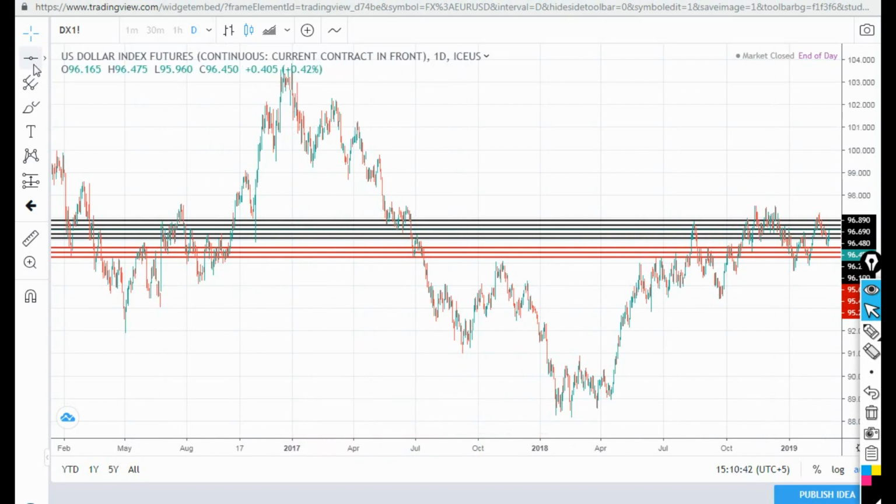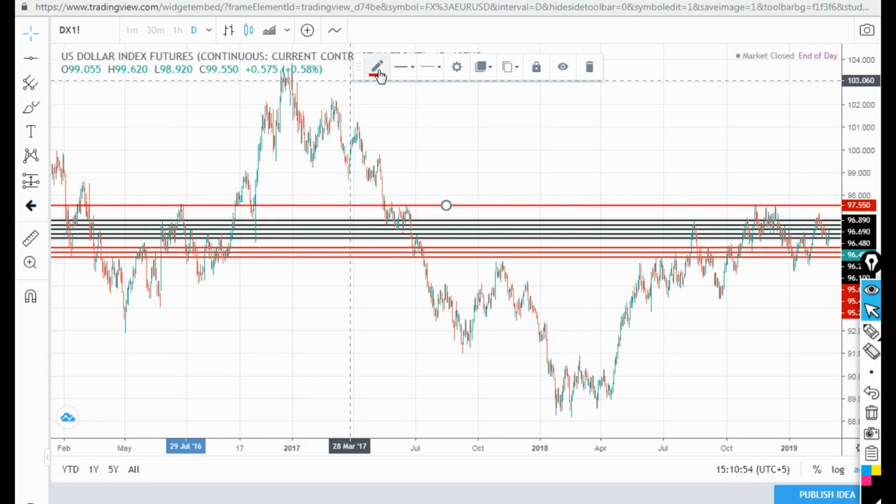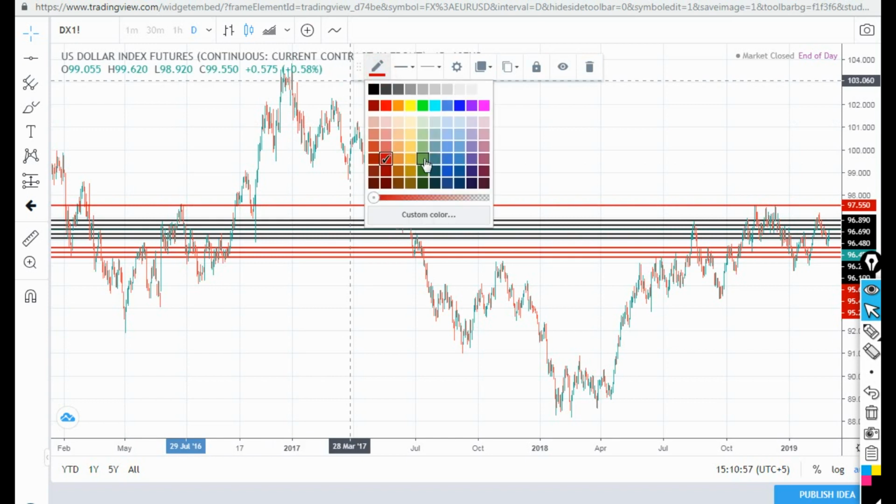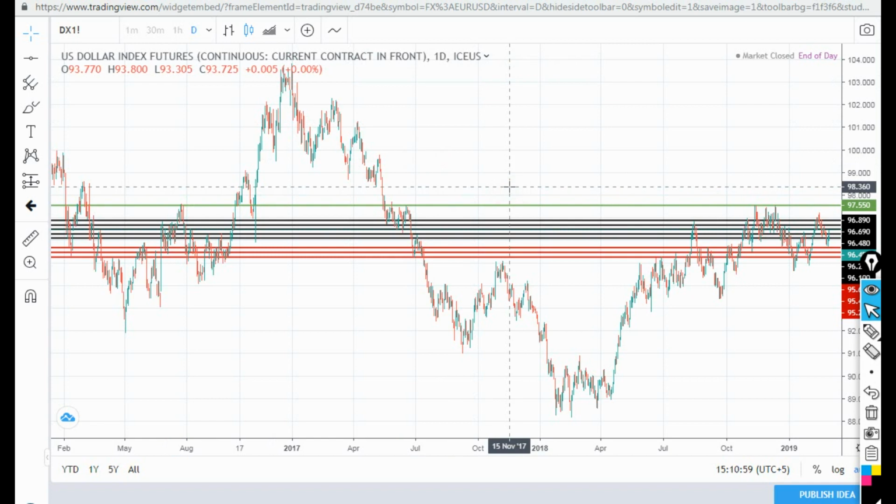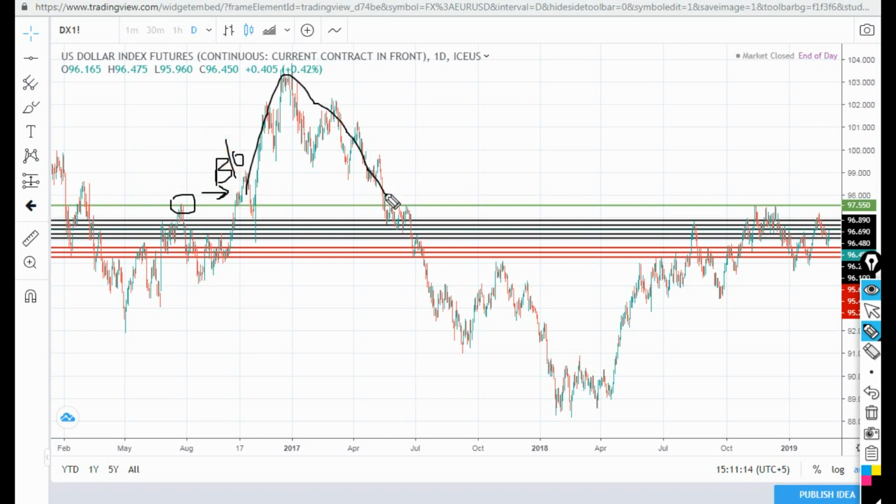Now we have a support here. I'm placing it over here, and we change this color into another color, like green. Why? Because if you see in the market, there is a reaction here, then the market gives you a breakout here, and after this swing the market comes back down and another breakout.